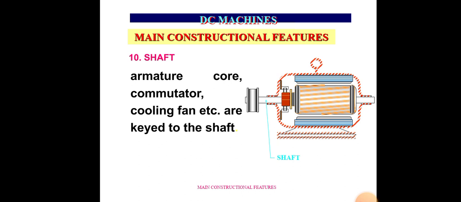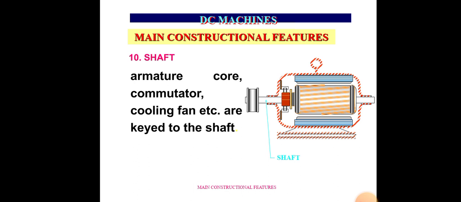Basically, DC generators are classified into two types, that is, self-excited generator and separately excited generator. The classification depends upon the excitation of the field winding. We already discussed that a DC generator or DC motor consists of two main windings, the field winding and the armature winding.